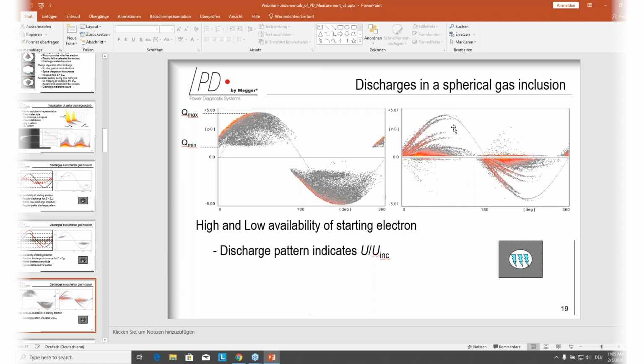And regarding this second pattern, where we said that we have a lower amount of starting electrons, there's this line pattern due to our random statistical ionization processes. So this unfilled part of the pattern is showing that we have a lower number of starting electrons, basically.